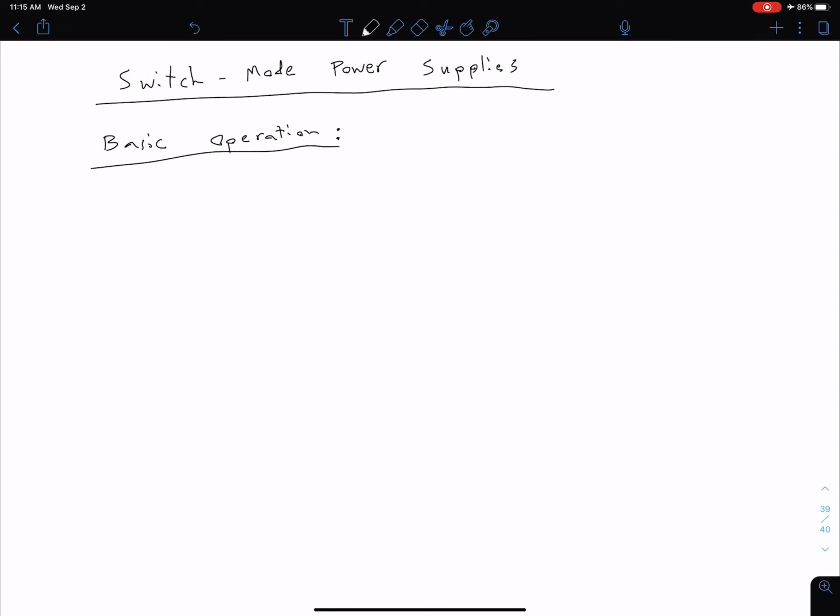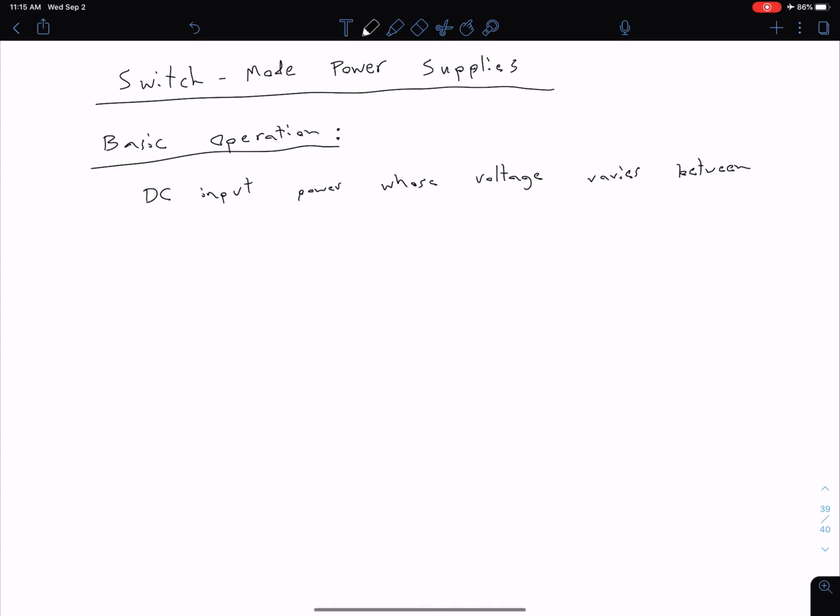So our basic operation is that we're going to have some DC input power, and that input power is going to be varying between some limits. So DC input power, whose voltage varies between limits.